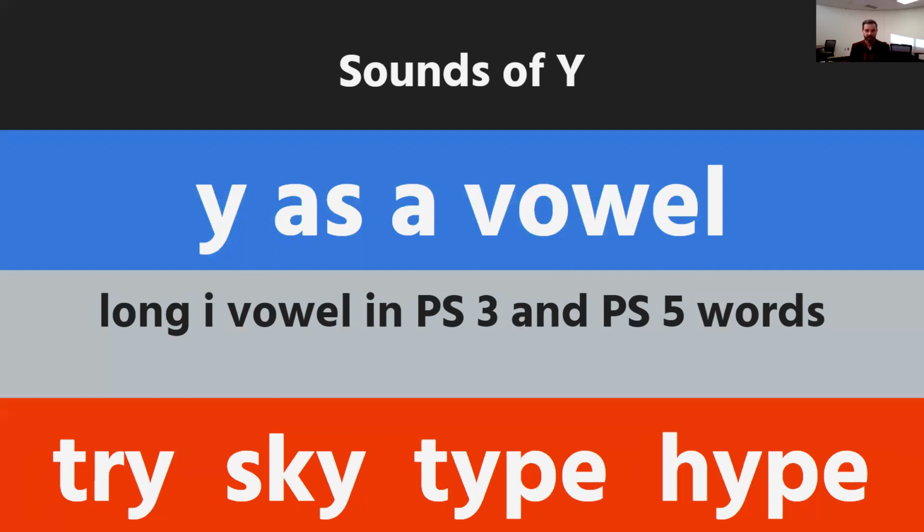So try and sky are the phonetic skill 3 words, but when it functions as the vowel in a phonetic skill 5 word with the silent E, like type and hype, it also makes that long I sound. And again, this is not surprising because we expect that phonetic skill 3 and 5 words are going to be long. And so when Y is the vowel in these words, we expect it to be long. And so again, it's making that long I sound.